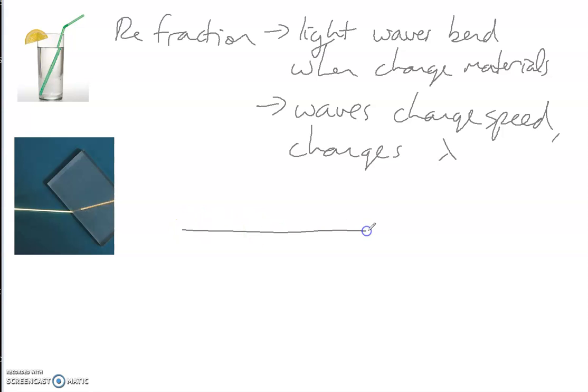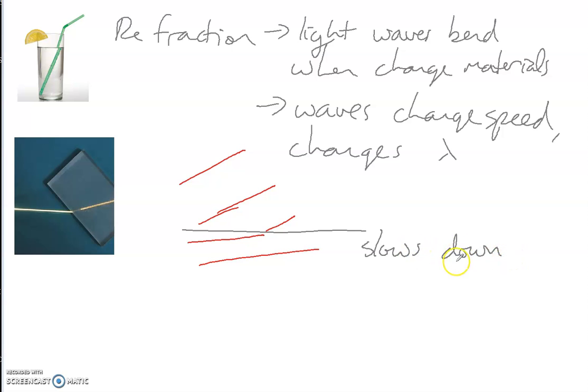And sort of like map things out a little bit here. Okay, so when that wave comes in, I'm just going to draw very similar, something like this. Okay, it does this, something like that. I know it's kind of at best wrong, but when it hits that second material down here, it actually slows down. Okay, and this part right here, this part here, that part is sort of left behind.